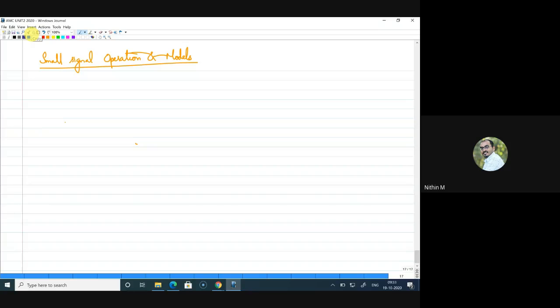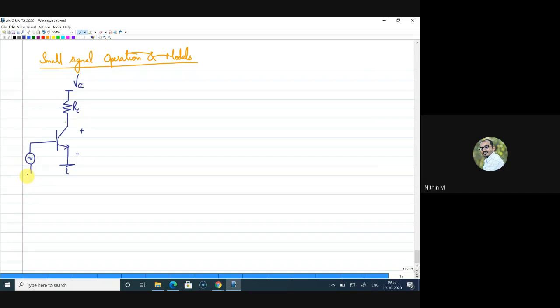Right. So to study that, I'll just take a very simple circuit. This is VCC, say this is RC, this is the voltage between collector and emitter, and say I'm connecting a signal here.